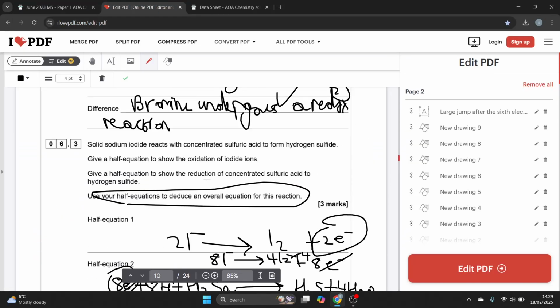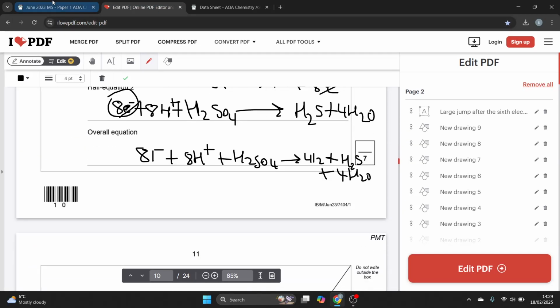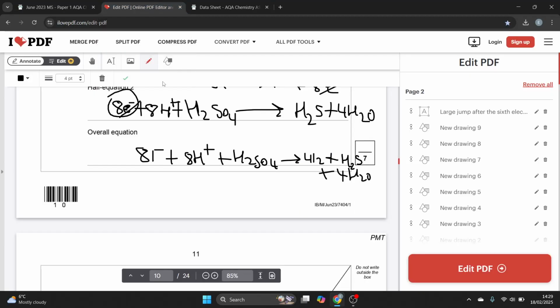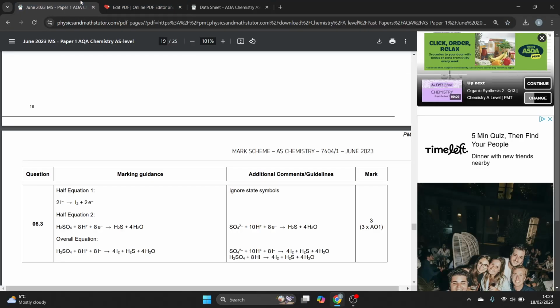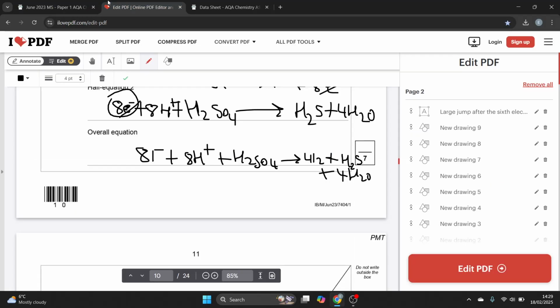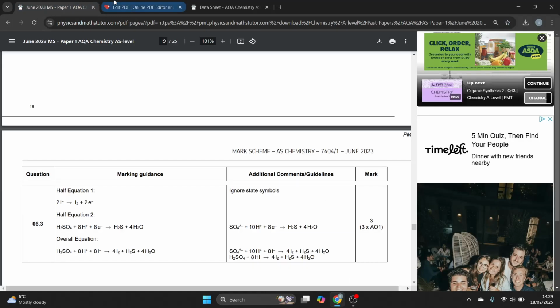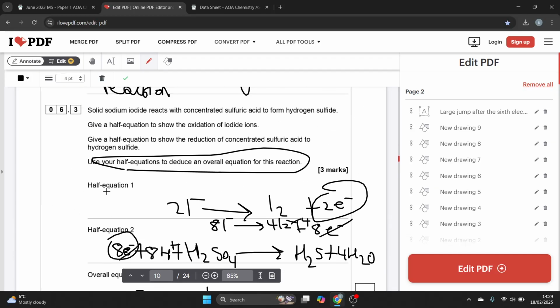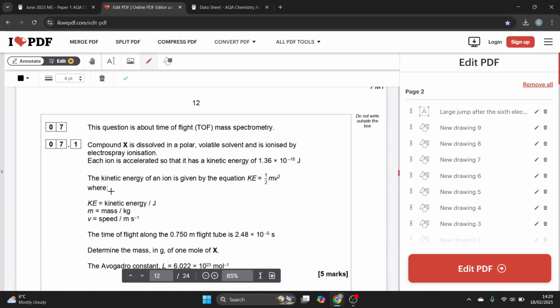So 2I minus arrow I2 plus 2e minus, 8e minus plus 8H plus H2SO4 arrow H2S plus 4H2O. 8I minus plus 8H plus H2SO4 arrow 4I2 plus H2S plus 4H2O. Perfect. With these types of questions, half equations, the more practice you do, the better you get at it.